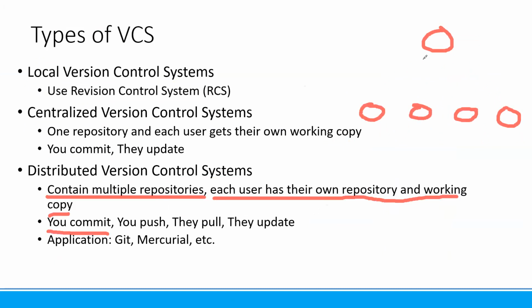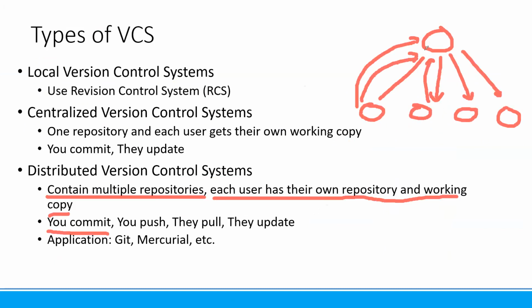So you can commit, and if you push, then they can pull, and they can update, and then you can also pull. That's why they call it commit, push, pull, or sometimes update.